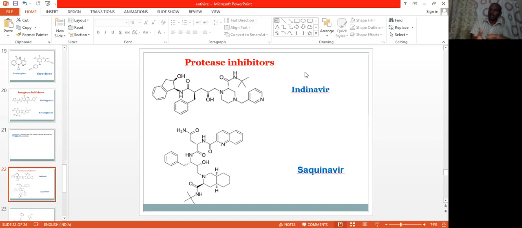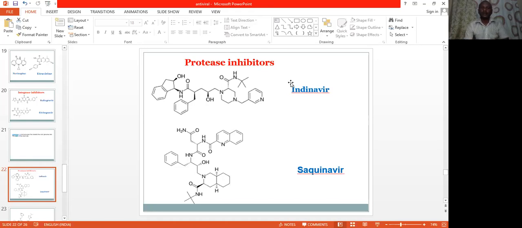All these are synthesized using the host mechanisms, and one of them is the protease enzyme. Once the proteins are synthesized using the host, these immature proteins will be converted into mature proteins by the enzyme protease.